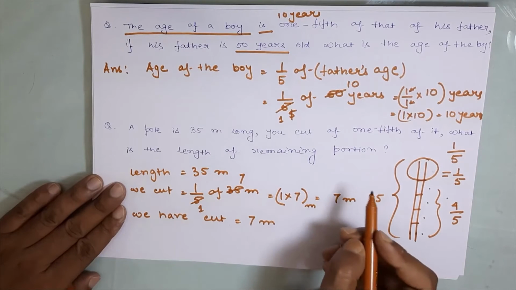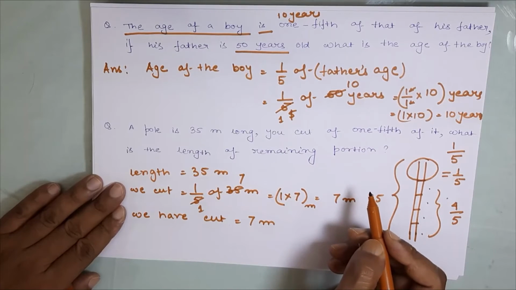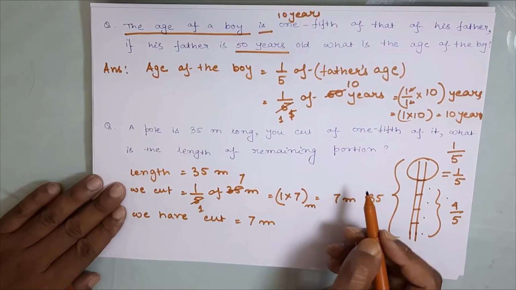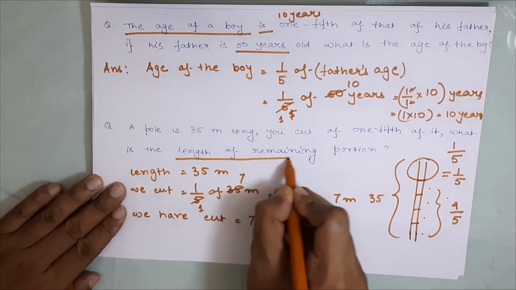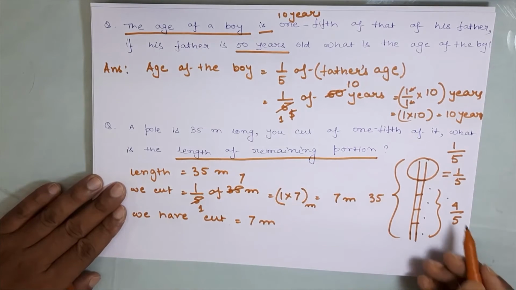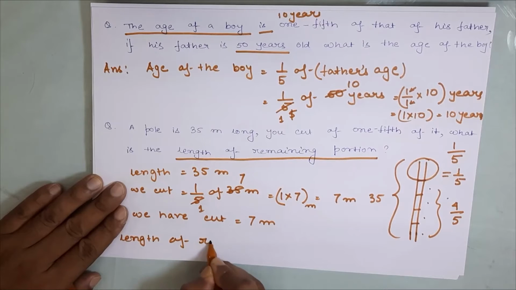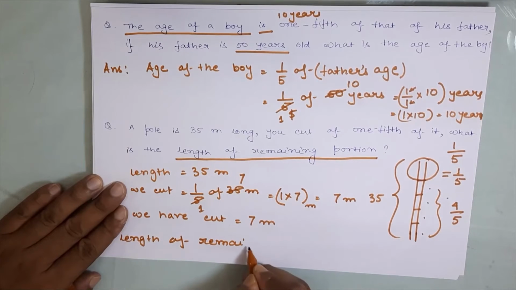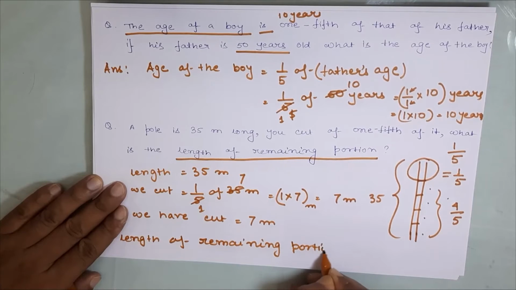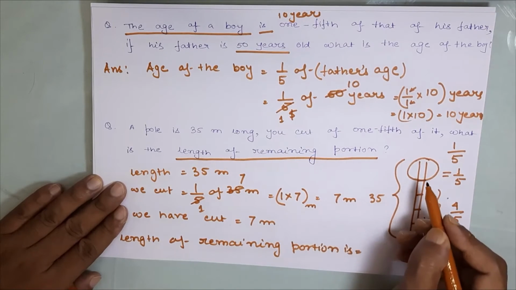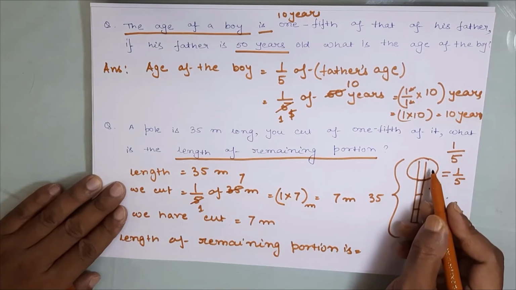Now the requirement of the question is to find out the length of the remaining portion, which is your 4/5. So the length of the remaining portion: we have cut 1/5, which is 7 meter.